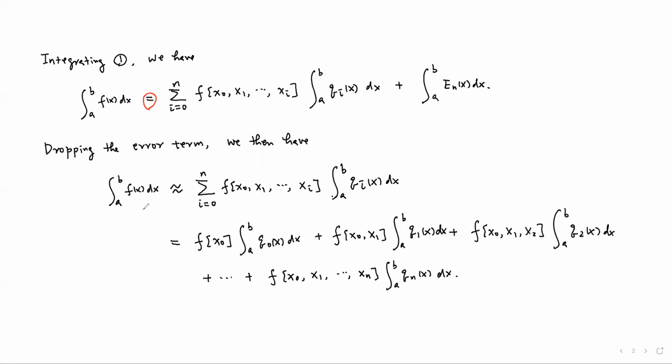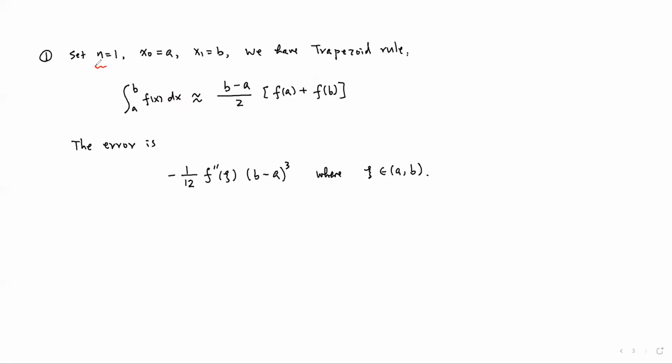Okay, in the last class, we learned the trapezoid rule. The trapezoid rule is a special case. In the trapezoid rule, we said n is 1. That means we choose two roots, x0 and x1, and set x0 to be a, the left endpoint of the interval AB, and x1 to be the right endpoint of the interval.